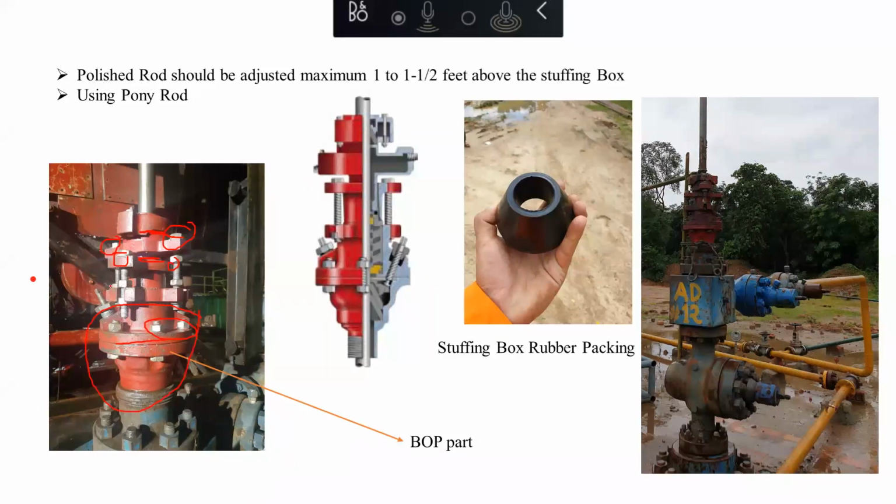In your BOP part, you have two spindles. This is your spindle. When you are moving your polish rod, either you are running your SRP or you are testing your pump at your rig, don't tighten these two. You need to loosen these two, but not too loose.